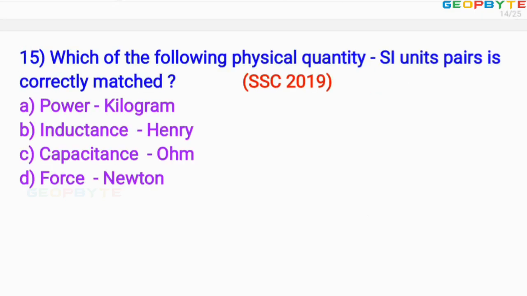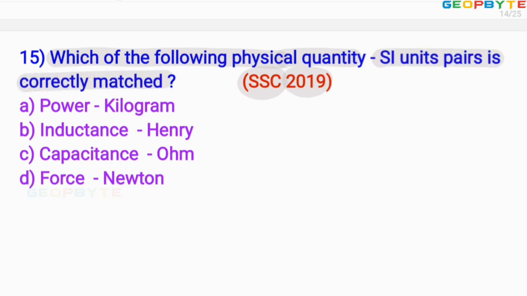Look at the 15th problem, asked in 2019 for SSC exam. The problem is, which of the following physical quantity SI units pair is correctly matched?